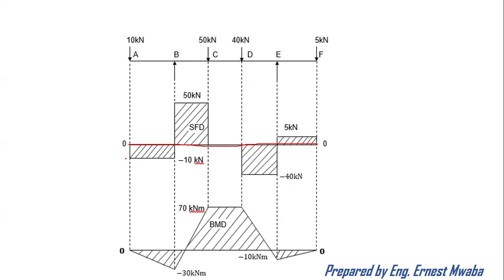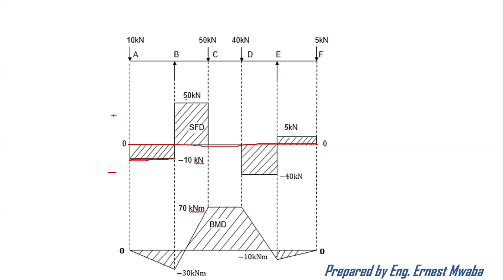What was your answer for A to B? It was negative 10. So you mark out negative 10 going downwards, and you draw just a straight line for negative 10. And you label it negative 10 kilonewtons. This is your 0. Up here is your positive region. Down there is your negative region.